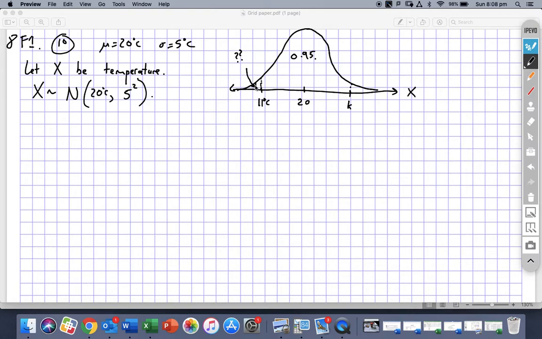If I knew this little area here, I'd be able to find out K because I could work out that area plus this area, 97, 98, 99, whatever it turns out to be, and then I could do inverse normal on my calculator to find out the K for a given area, right?